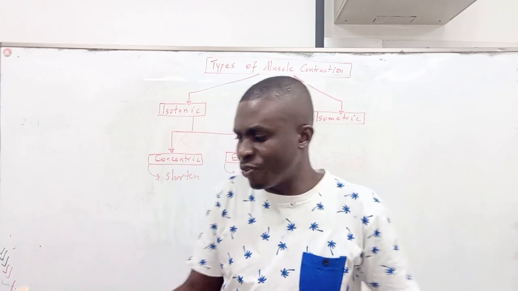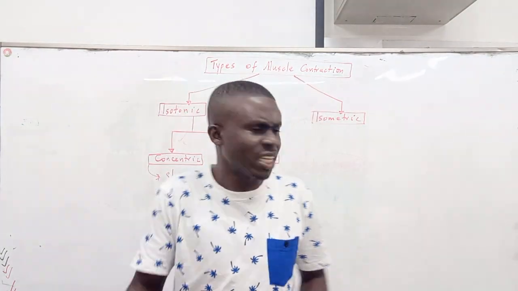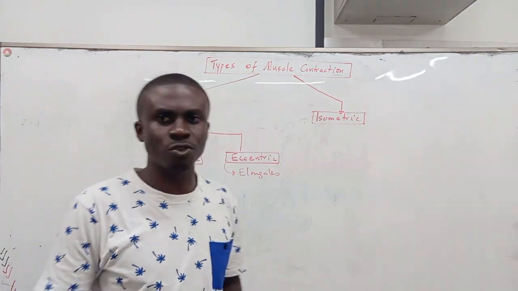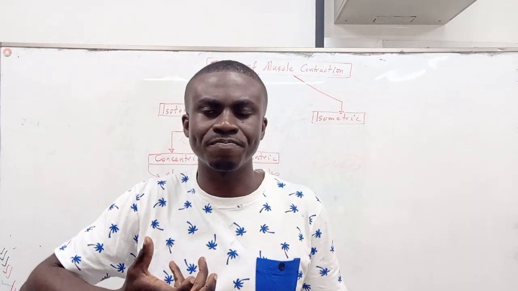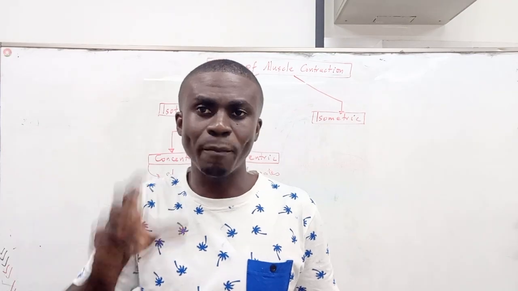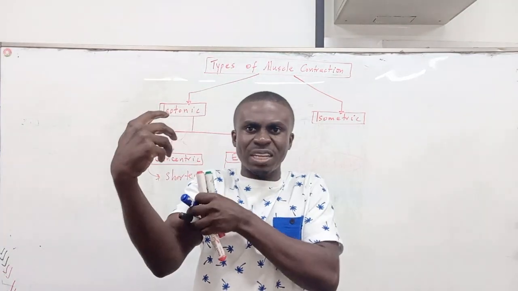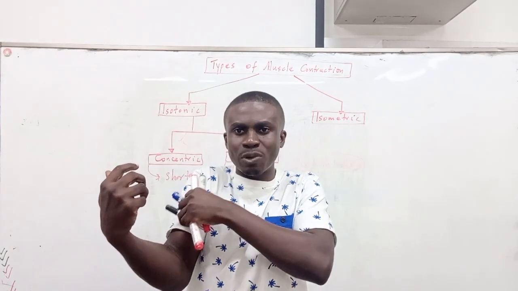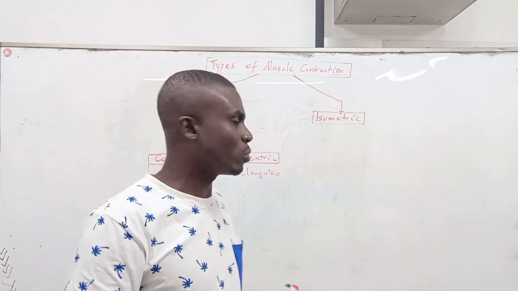The fibers will remain stationary, but you are generating more force so that you can keep it at that point. Such type of contraction, we call it isometric. Force is generated, there's increasing force, but the length remains the same. So you see that the belly of that muscle will be getting bigger and bigger with time, but the length will remain the same. That is isometric contraction.